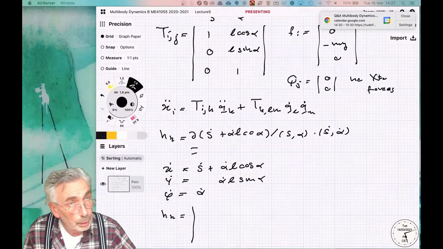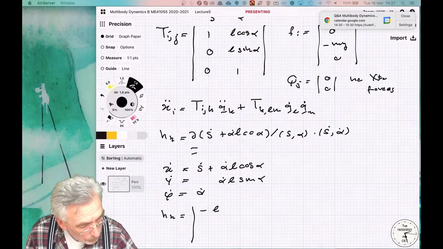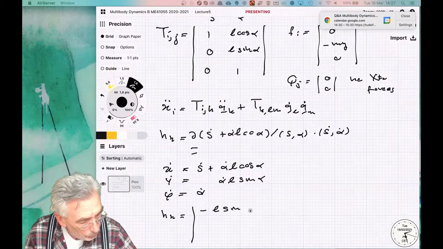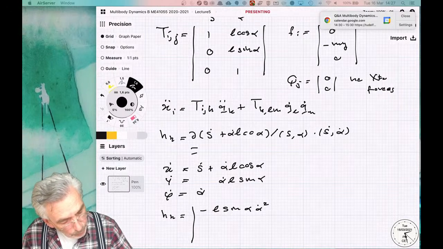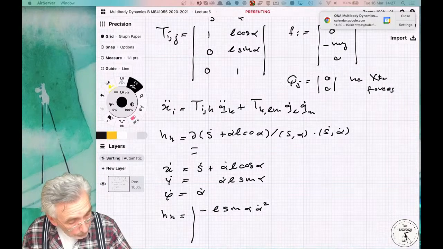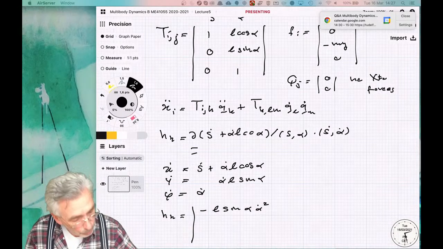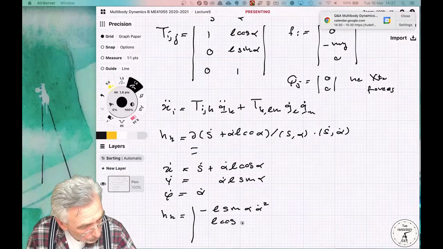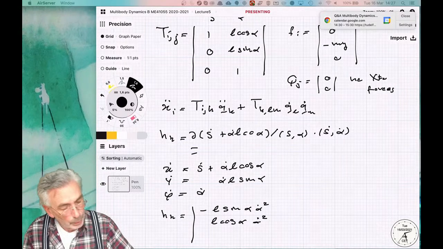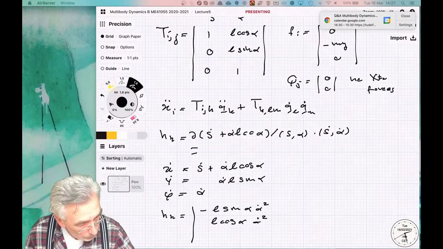So the derivative of cosine alpha is minus, so we get minus L sine alpha alpha dot squared, right? Then again, for the second one, there is no s, so nothing to differentiate. There is an alpha, again sine alpha, differentiate, we get cosine alpha, so that's a plus, cosine alpha alpha dot squared. And the last one, there is no s, and there's also no alpha, so that's 0.